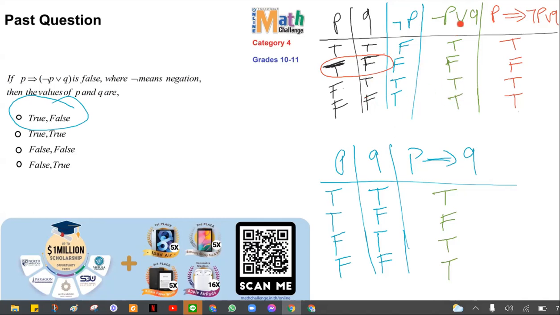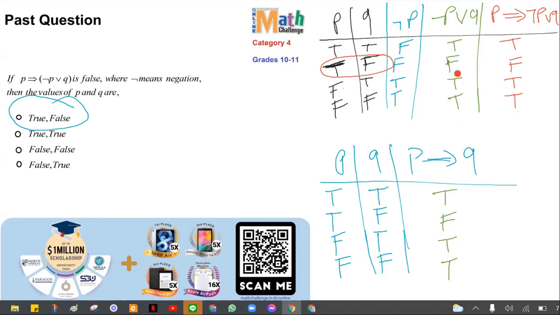Now here we have negation P or Q. The final statement is: if P, then negation P or Q. In this kind of if statement, the rule is: if P, then this.